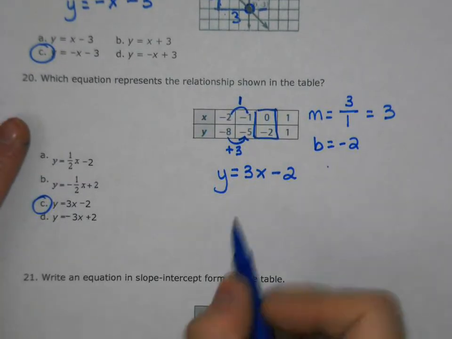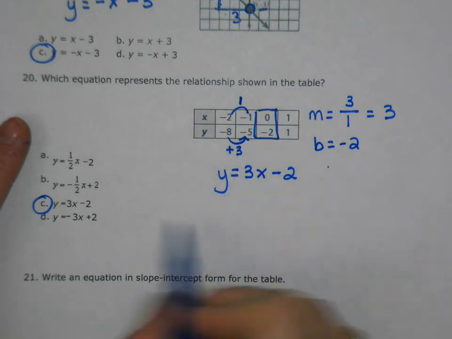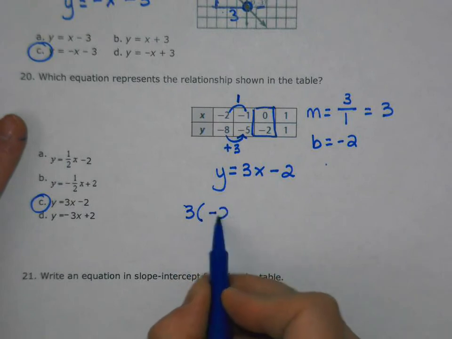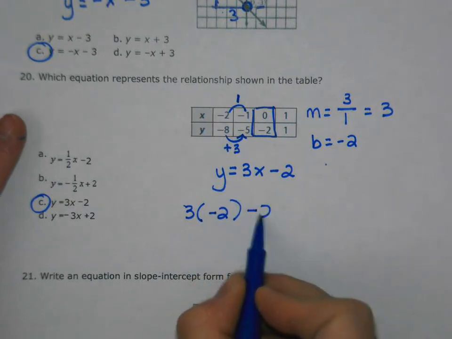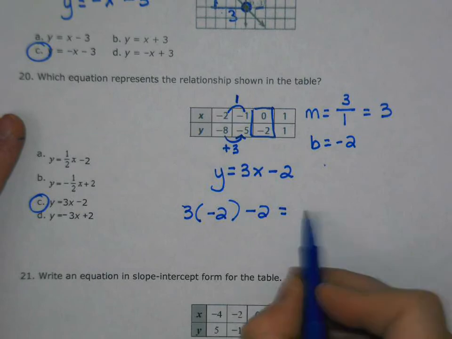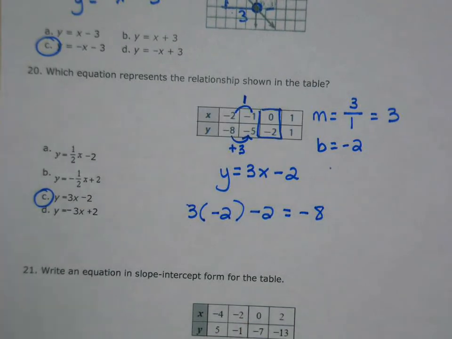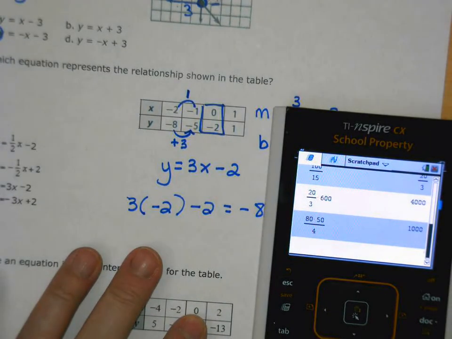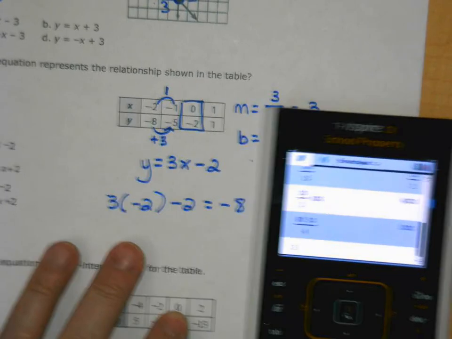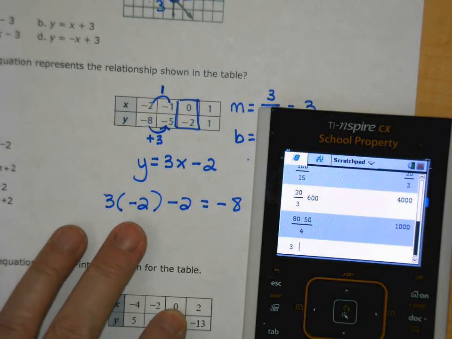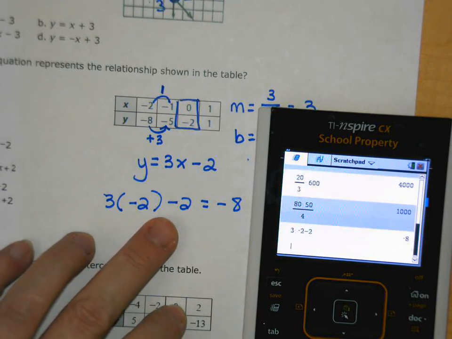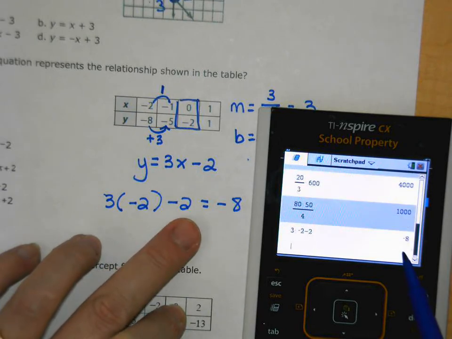Now again, what I meant before about how you can check to see if it works is you can take your equation and go 3 times a negative 2 minus 2, and it should give you a negative 8. And you can check that on your calculator. So 3 times negative 2 minus 2, and it should give us a negative 8.